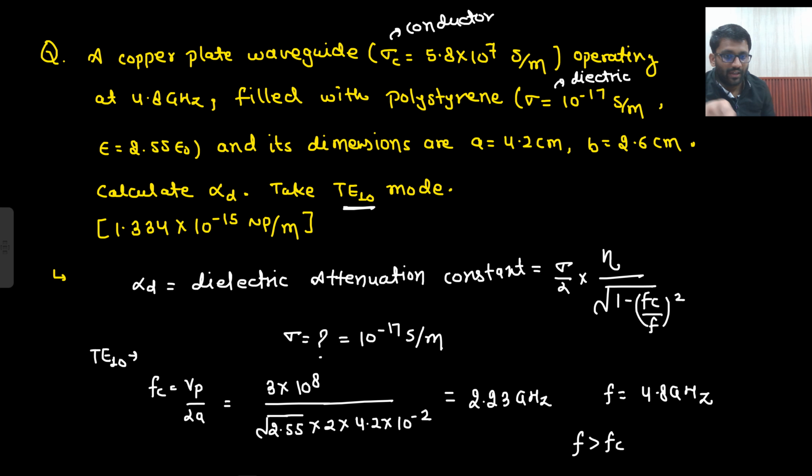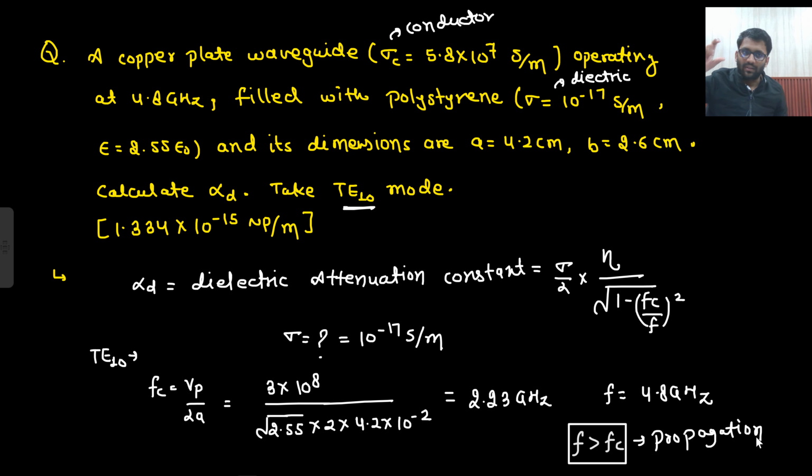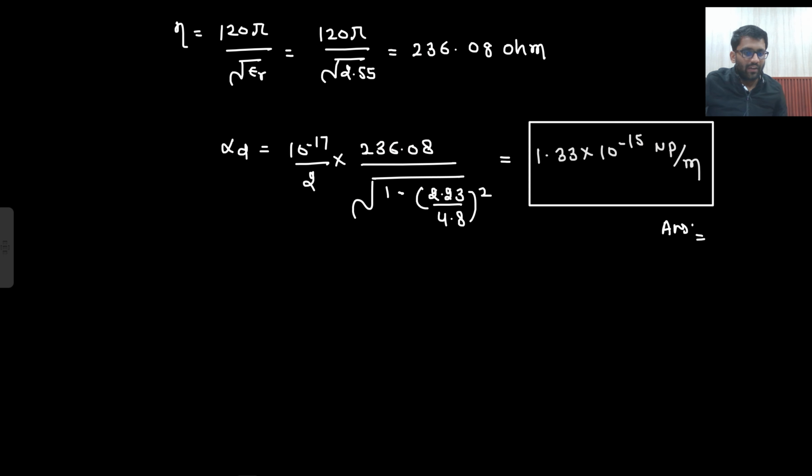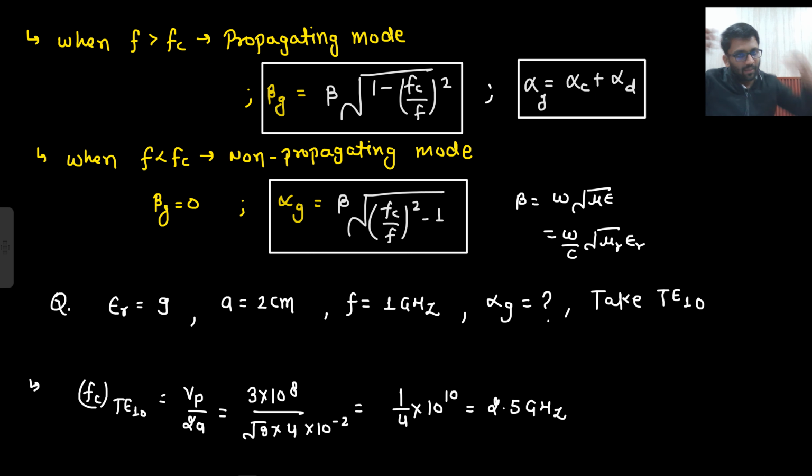Here F is greater than Fc, that means it is a propagating mode. So losses can come into action because of two things: dielectric and conducting plate. But if it is not even propagating, then complete loss would be there. It will not even propagate, so after some distance it will be completely gone. So here the losses will be coming into action because of alpha g.